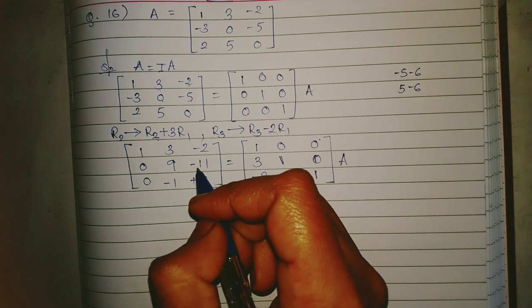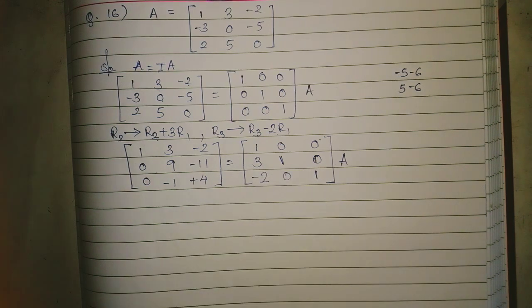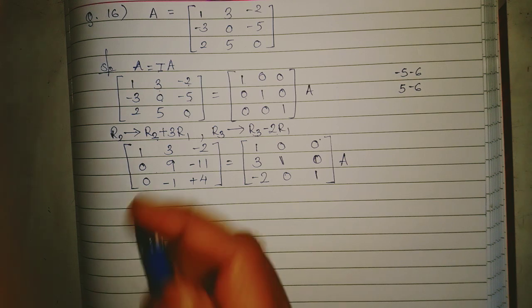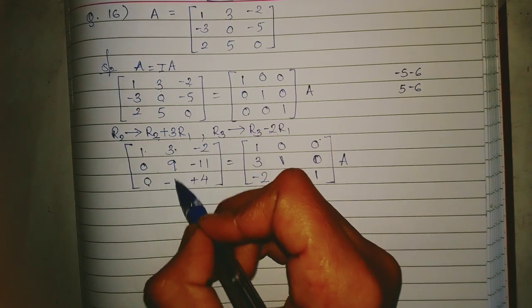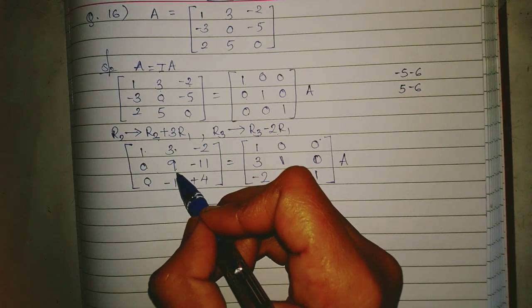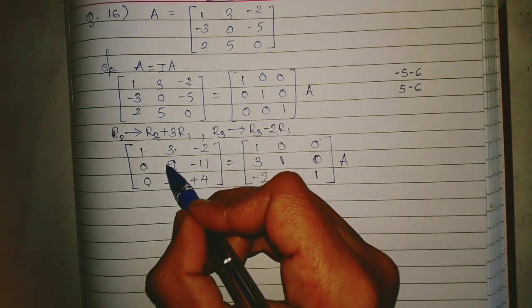Now we have to make 1 0 0, then we have to go for 0 1 0, so we can make this as 1, right?